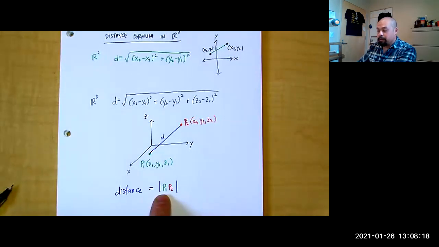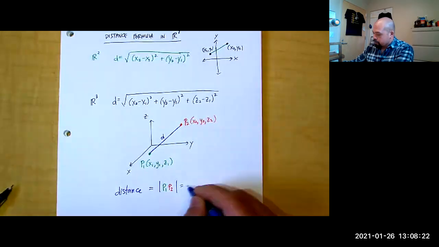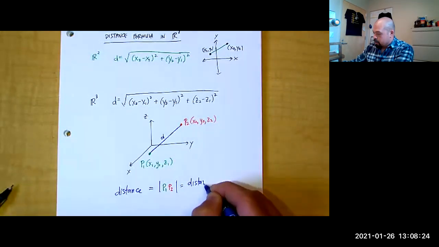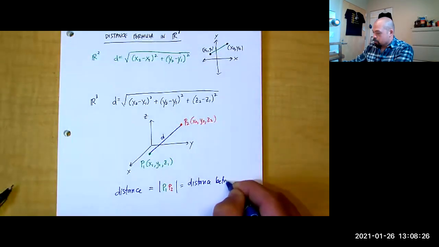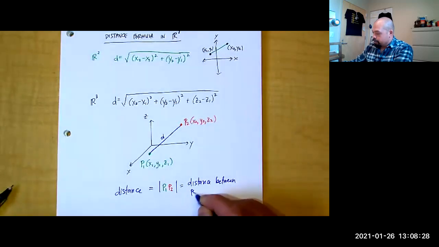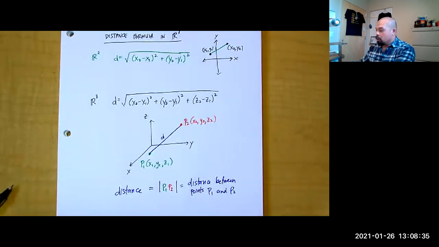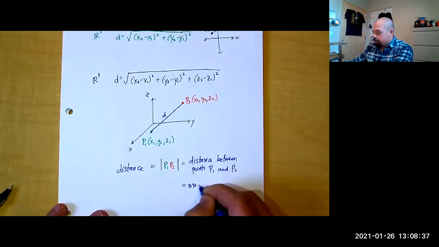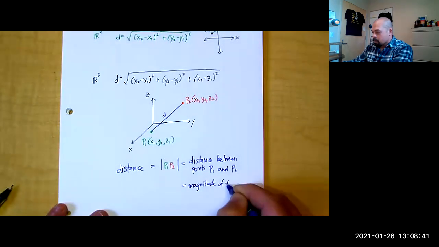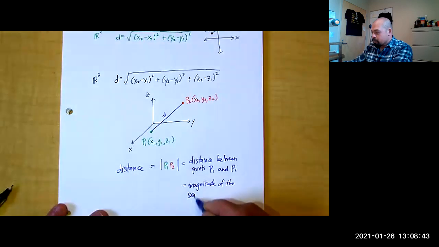The distance between the points P1 and P2, or the magnitude of that segment, right?